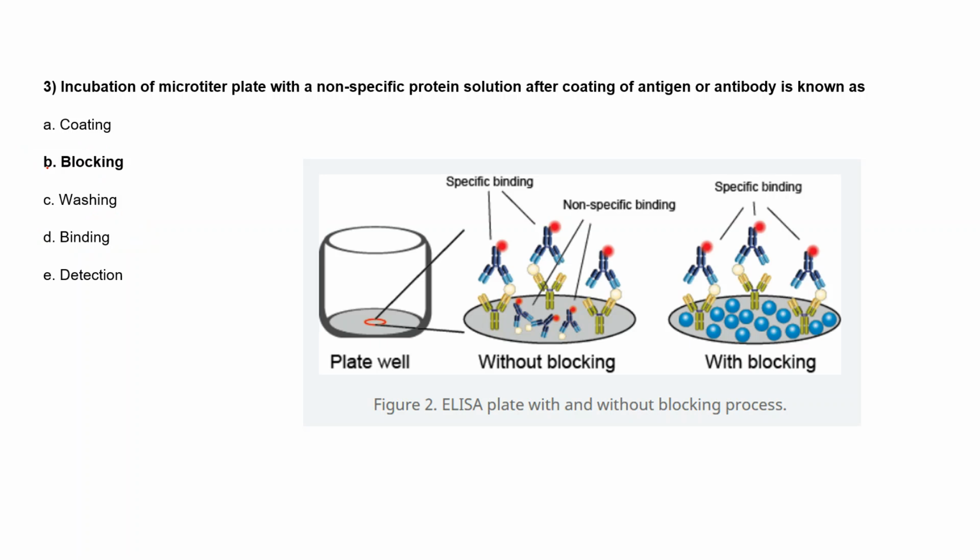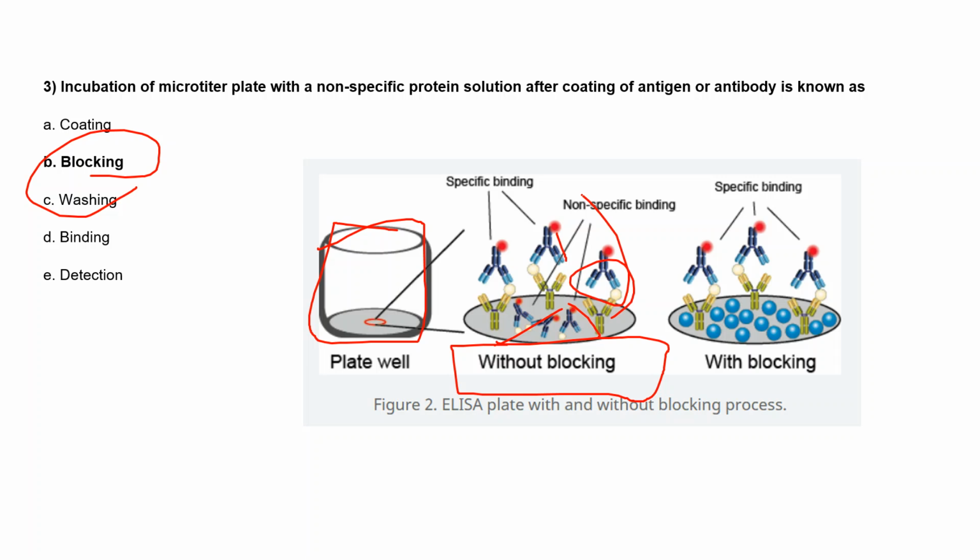As I mentioned in the second question when I was discussing ELISA, there is a blocking step, and this blocking is important. We can see that this is the plate, right? Without blocking, there are different antibodies which bind here, here, anywhere they'll bind.